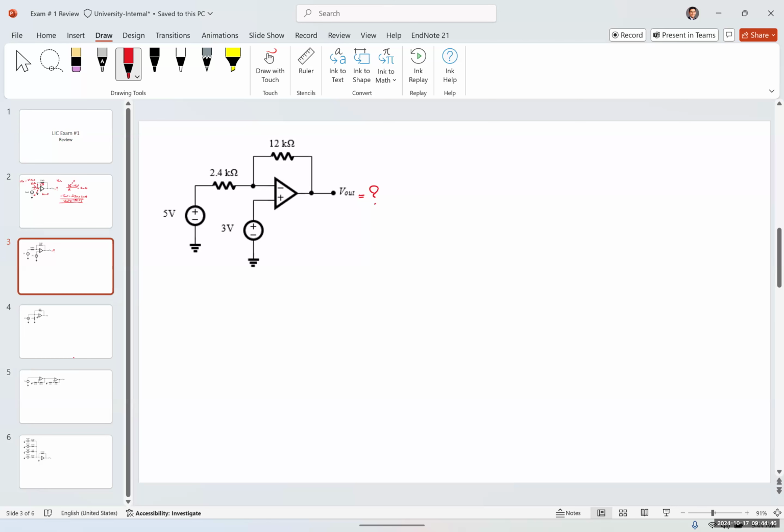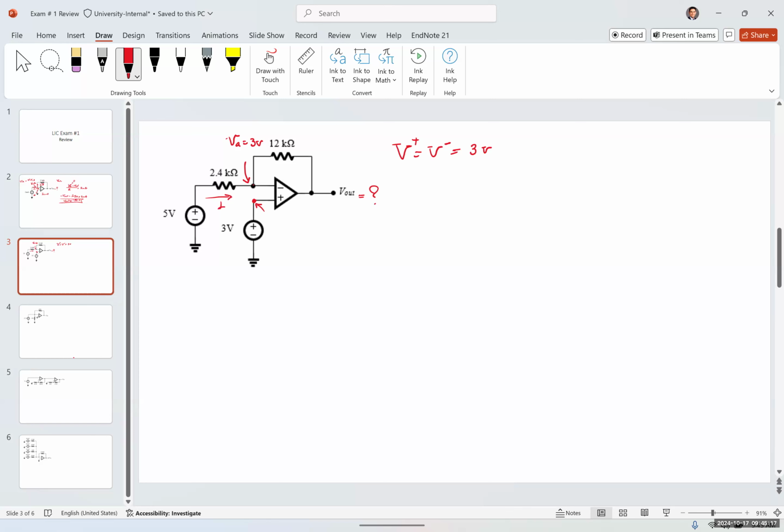So first of all, because again, this is an ideal amplifier, V positive is equal to V negative. V positive here is 3 volts, therefore V negative at this point, I'm going to call it VA, is also going to be 3 volts. So there are 5 different ways to solve it. I'm going to give you one of the easiest ways.